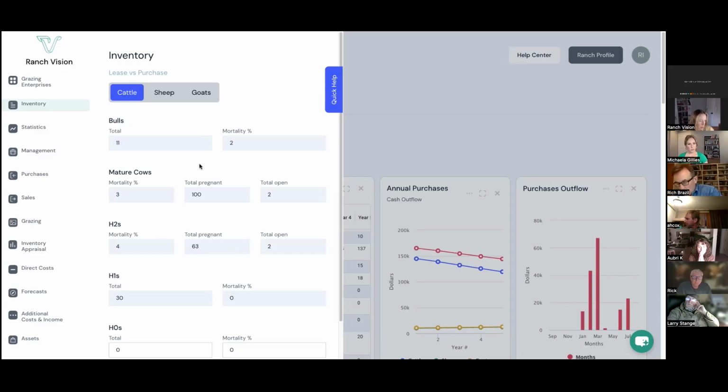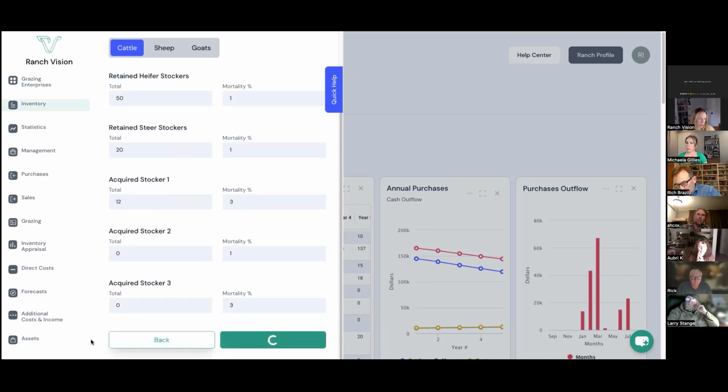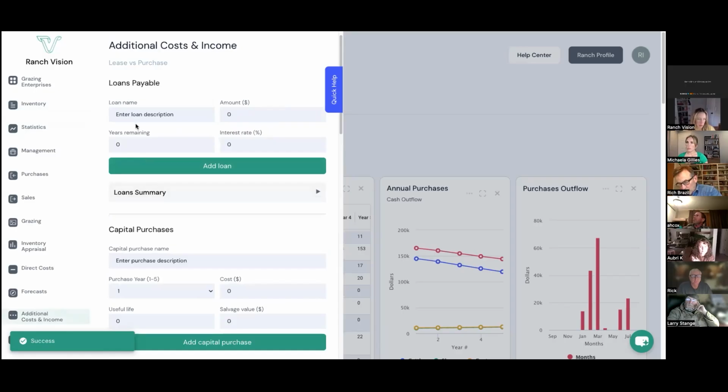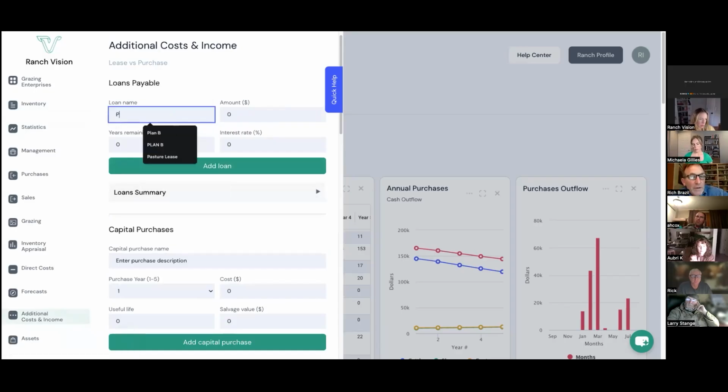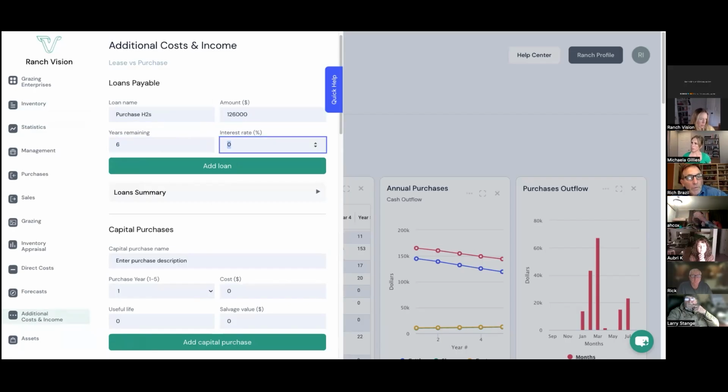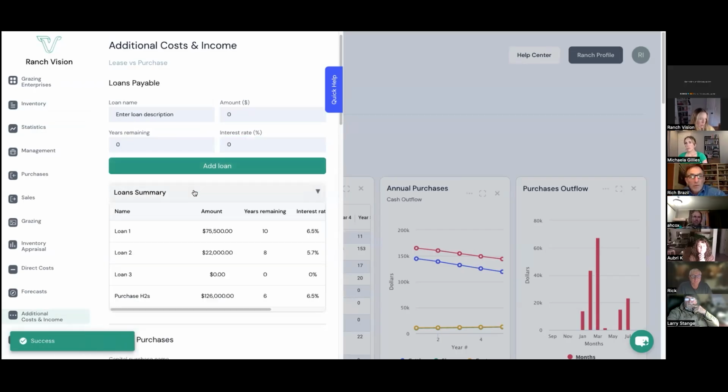So at $4,000, 30 head is $120,000 plus $6,000, so $126,000. And go ahead and take out a different loan for $126,000. Same terms, Aubrey? Okay. What do we say, 6.5? Okay. And now we've added the lease.